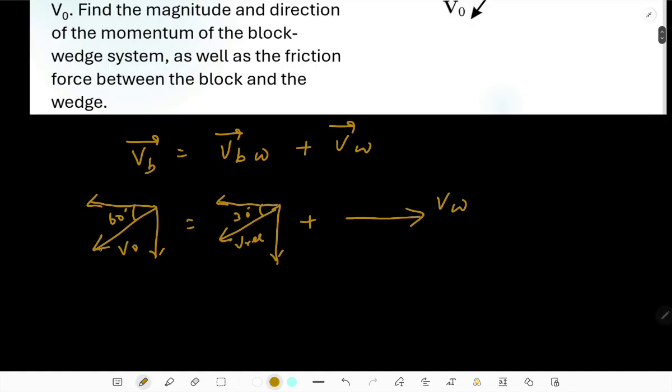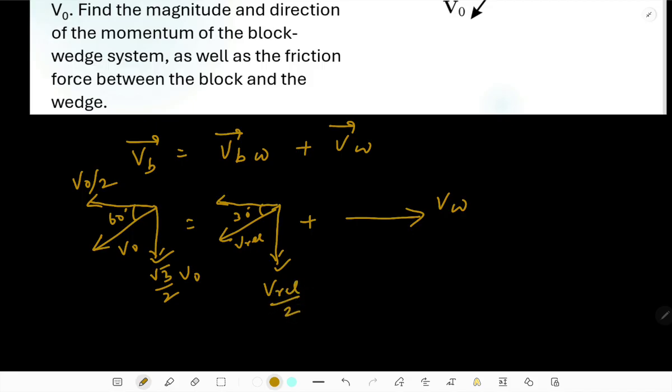I can break the v naught into components. This component is going to be v naught by 2, and this will be root 3 upon 2 v naught, and these two must be the same. This thing and this thing must be the same. So this is basically v relative sine 30 degrees.